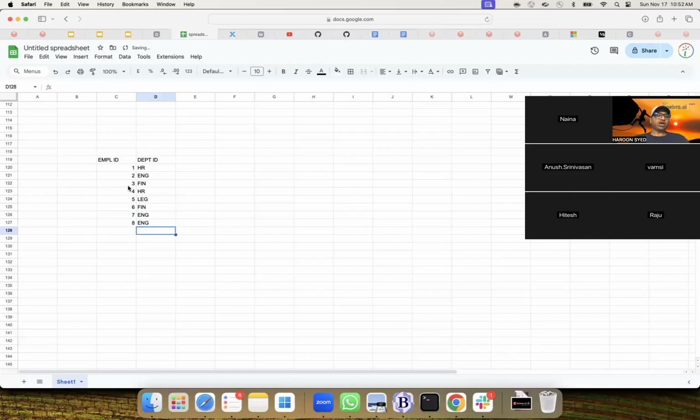Okay. So this is the employee table. And this is say the department table. Department table will have HR, finance, legal, and engineering. So isn't this the smaller table, where you will have 10 or less than 10 or 15 departments in a company? Employees might be 100,000 employees, right? So this is a small table.